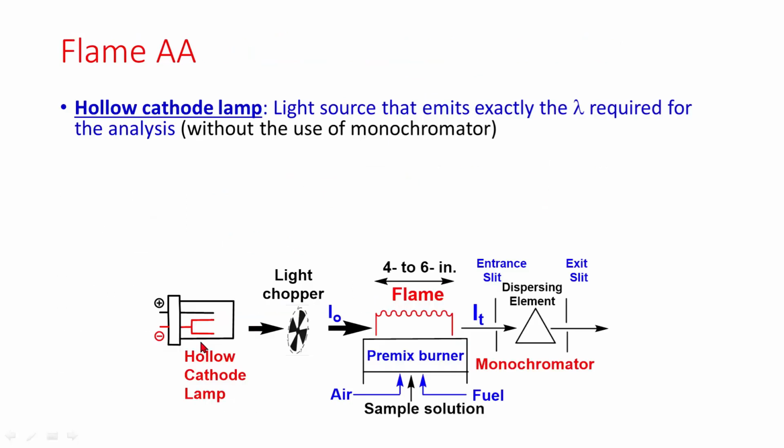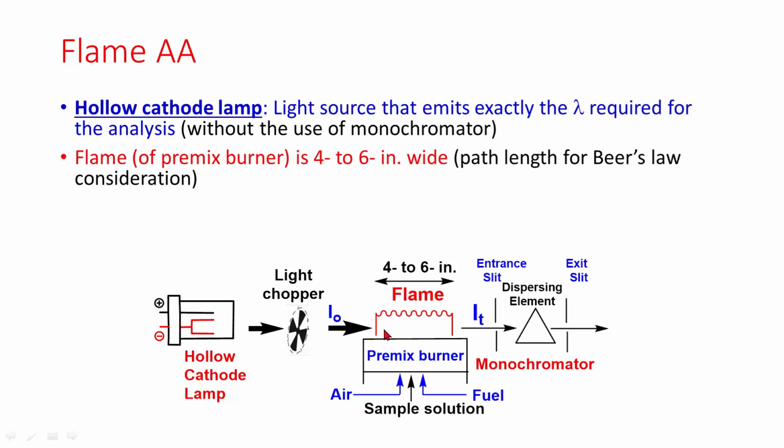Hollow cathode lamp is a light source that emits exactly the wavelength required for analysis. Flame is 4 to 6 inch wide.